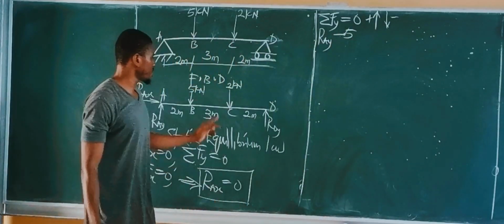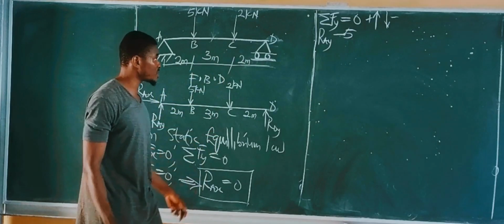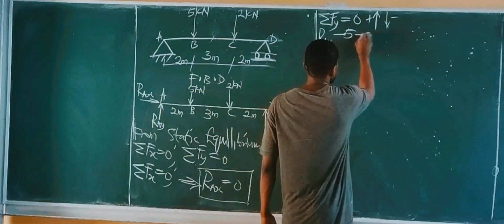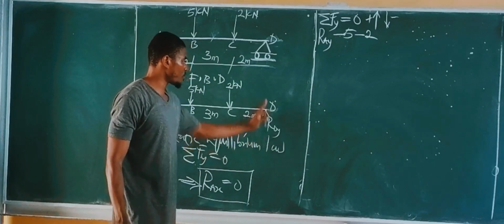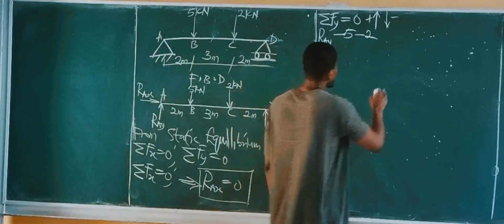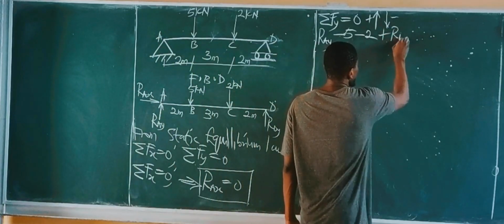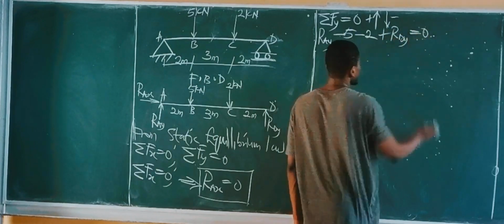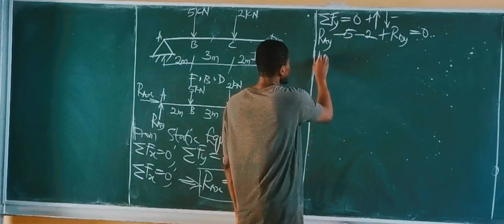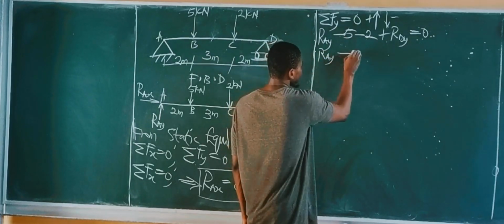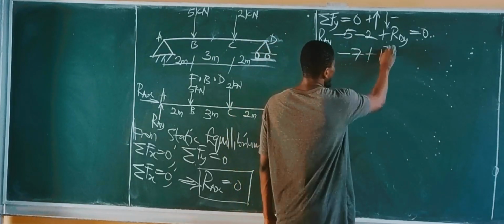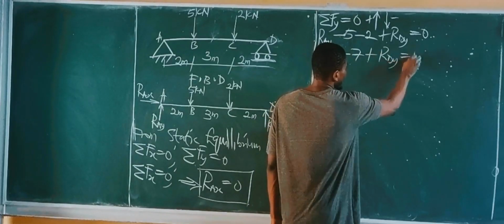Next, the 2 kilonewtons force pointing downwards, so minus 2. And then RDY pointing upwards, plus RDY, equal to 0.